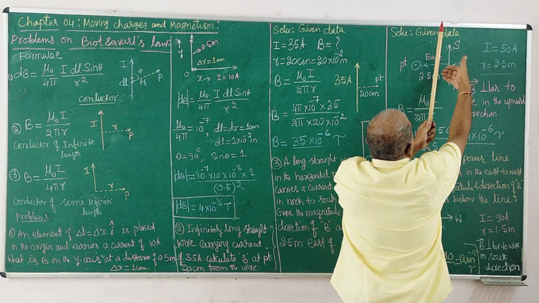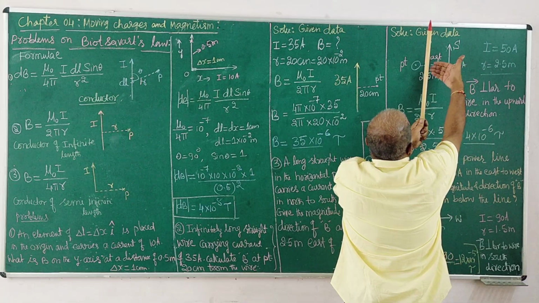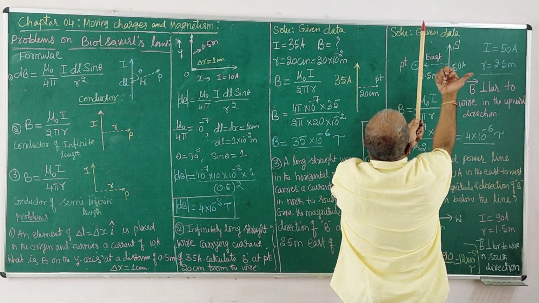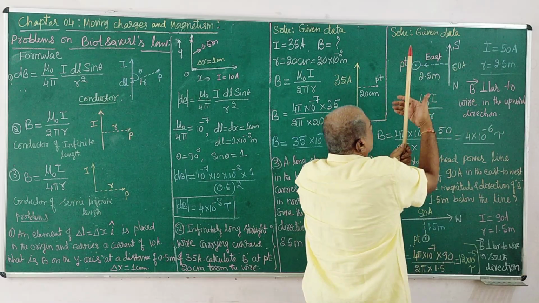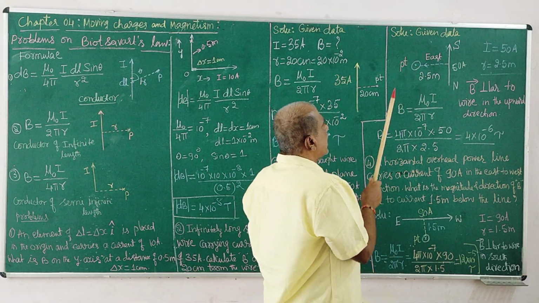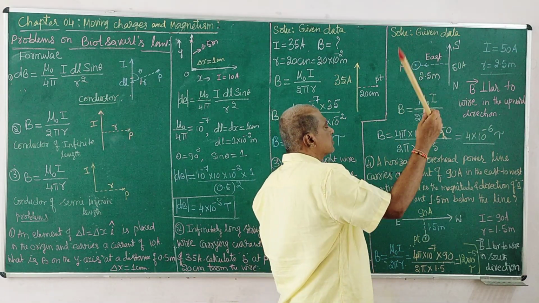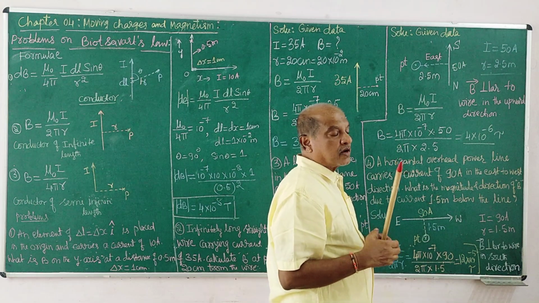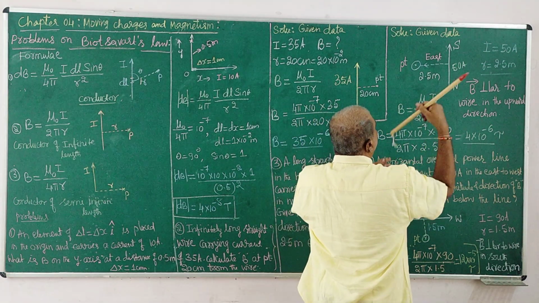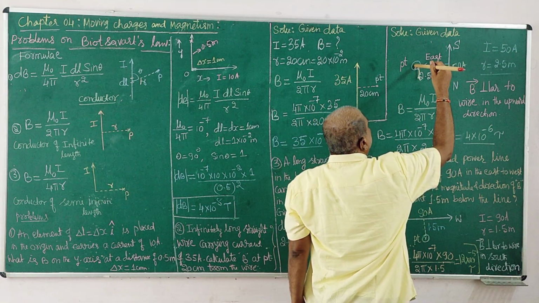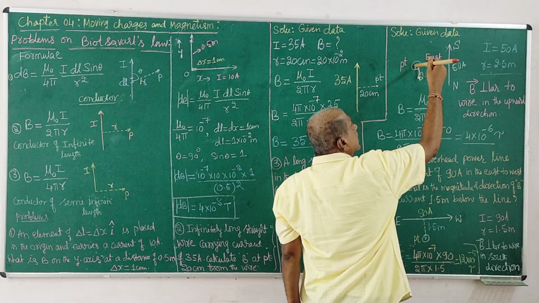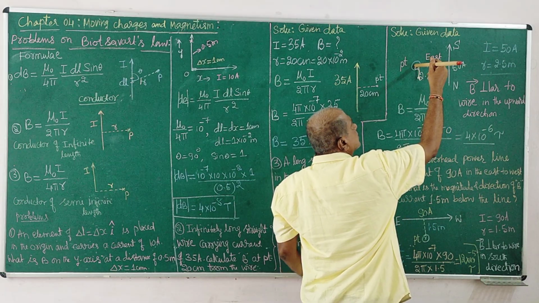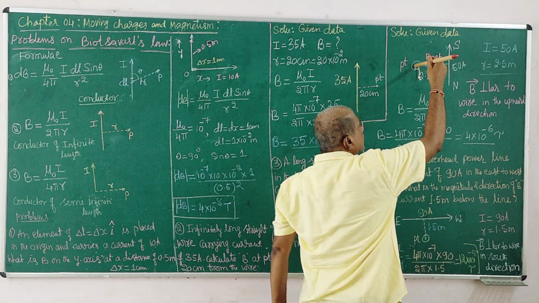So when you come around it, passing through this point, the lines are circles, and the tangent to the circle at this point is always a straight line. This is the direction of the magnetic field.